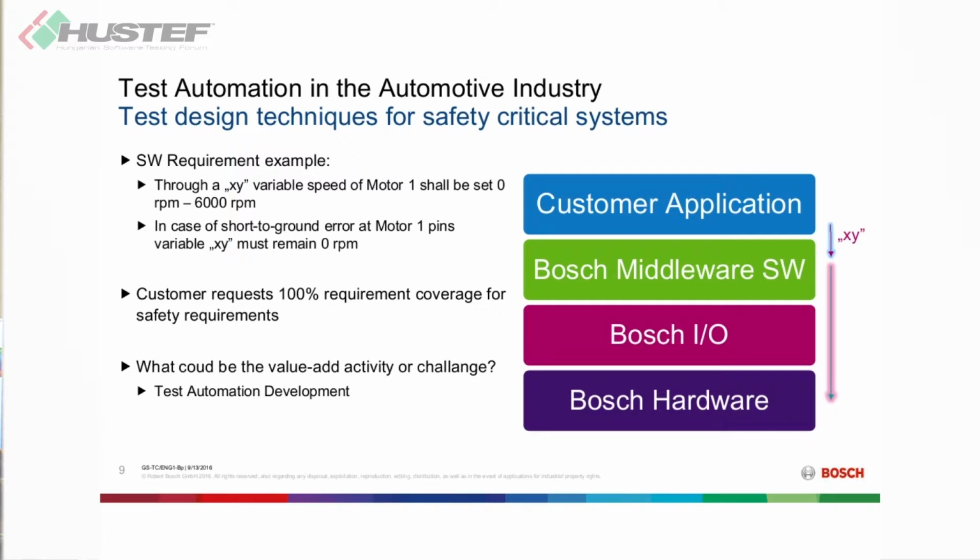If we have a requirement to set a specific speed in the range, then the test design techniques which we have to use are reduced. For example, in this case, we had to use boundary values mixed with equivalence classes and fault injection.